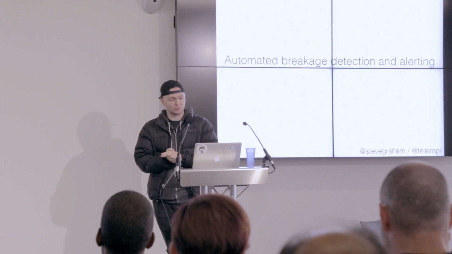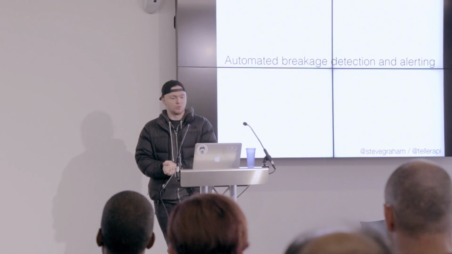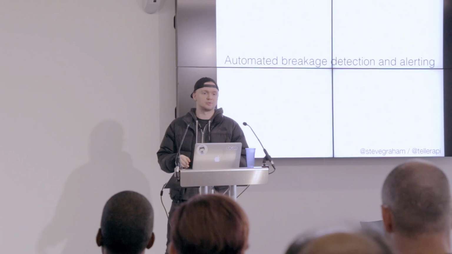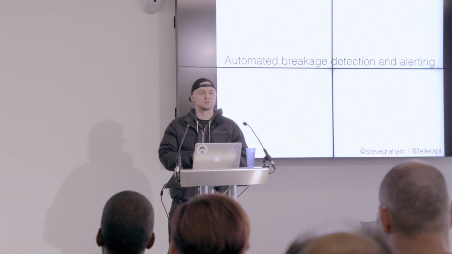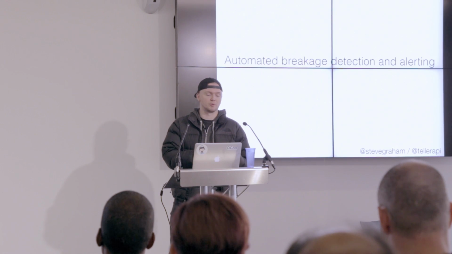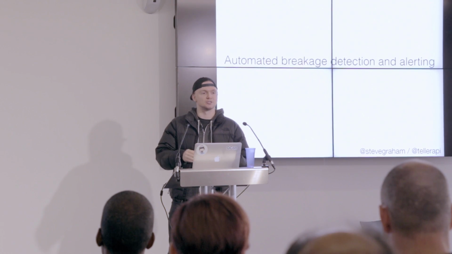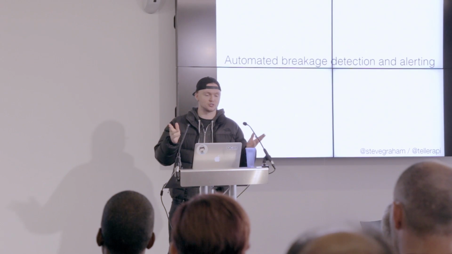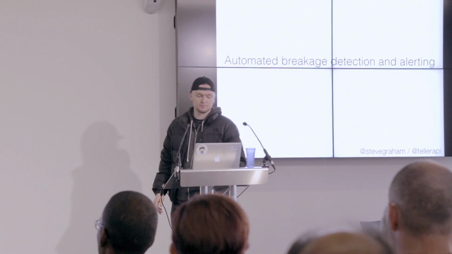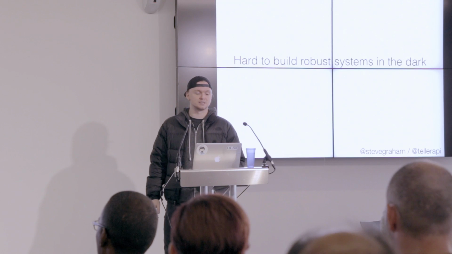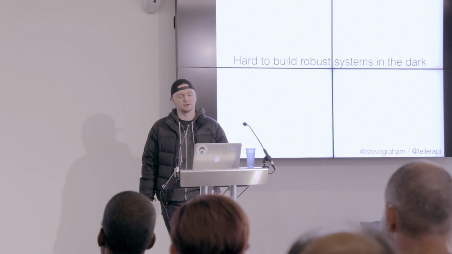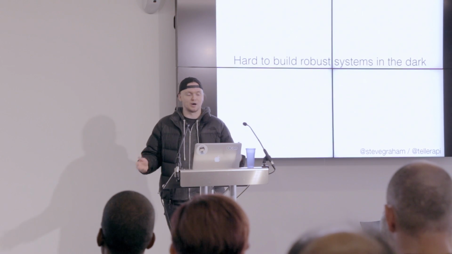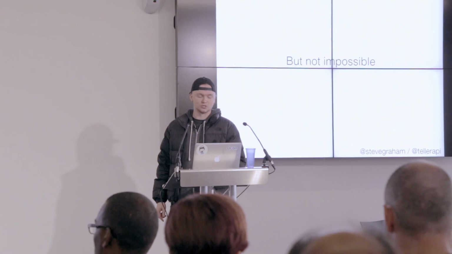We can use that for end-to-end system tests, and we can also use that for automatic breakage detection. When a bank releases a new version of the app, we'll patch the app to talk to our fake version of their gateway, and then go through all the steps like registering for mobile banking and performing transactions. As soon as something's broken, we'll know exactly where, zero in, fix it straight away and deploy it. It is hard to build robust systems in the dark, and that's what I'm doing. You can't know about all the edge cases, but it's not impossible.